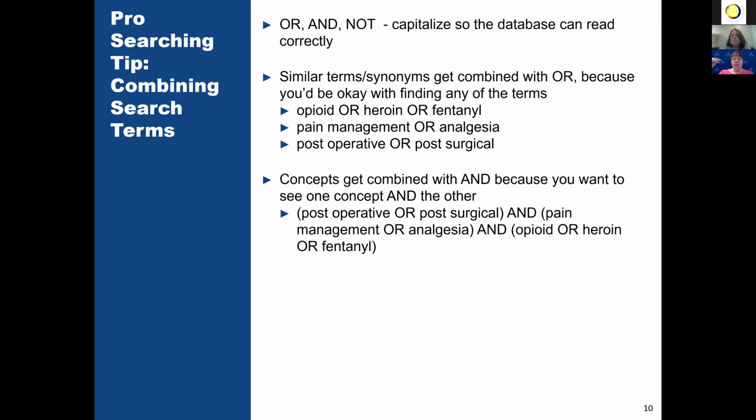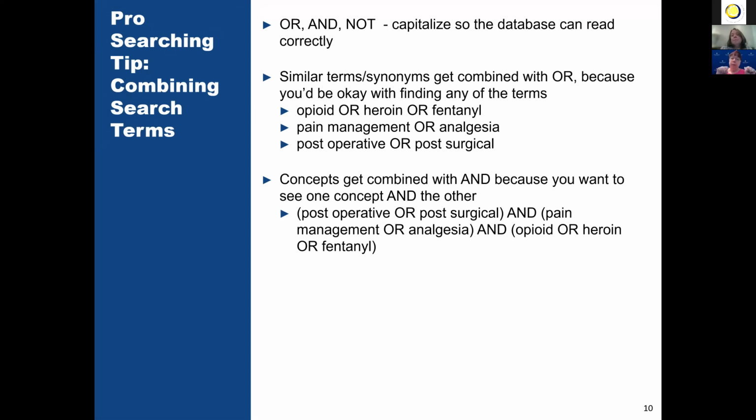So you use OR to combine synonyms because you'd be okay with finding any of those other terms. So as I have in the examples here, opioid OR heroin OR fentanyl for types of opioids, you could go on, OR morphine or whatever. Pain management OR analgesia, post-operative OR post-surgical OR post-op. Concepts you use AND when you want 2 different concepts to both appear together in the article.